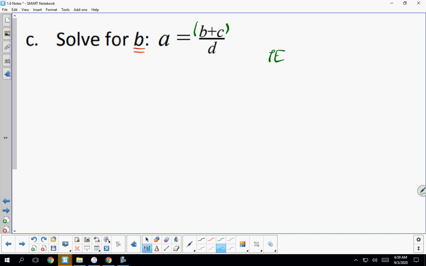And because we're following PEMDAS backwards, anything that's in parentheses must go absolutely last. So in this case, that B plus C, we have to keep and leave alone. And we actually have to get rid of this divided by D first. So the inverse of dividing by D would be to multiply by D on both sides.